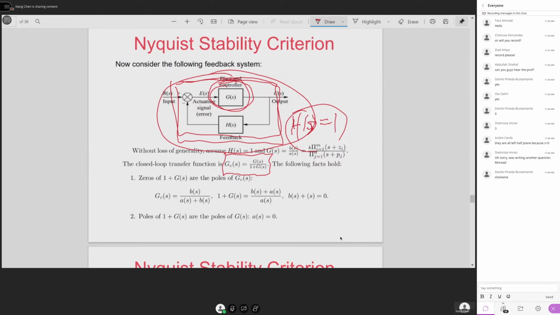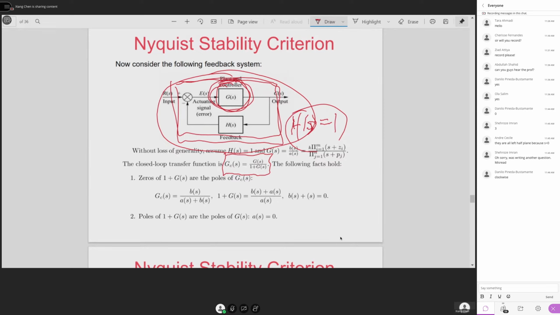Here the Nyquist plot provides such an advantage for us to evaluate the closed loop system's stability. Let me make it clear. My purpose here is to use G(s) as a Nyquist plot. How to draw that? We know how to draw it, because it's a transfer function, which we learned so far.